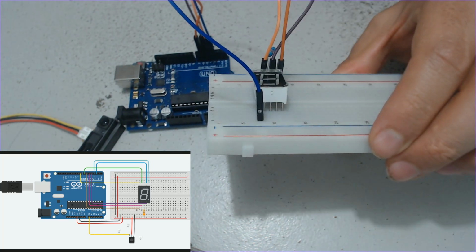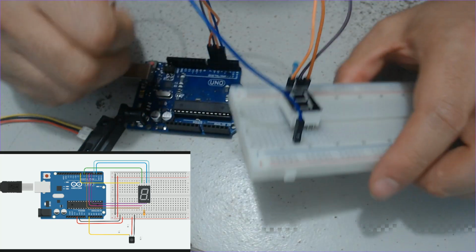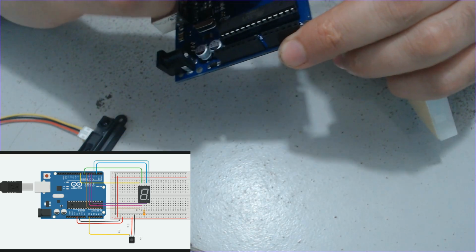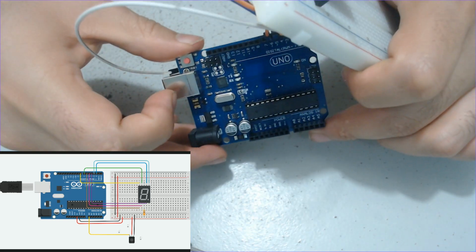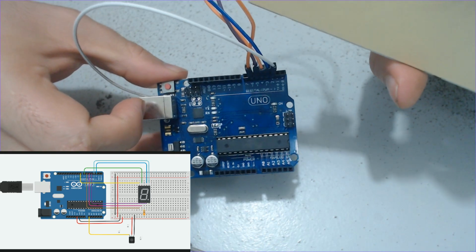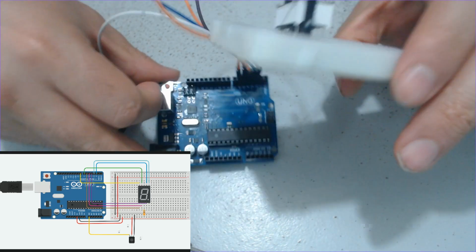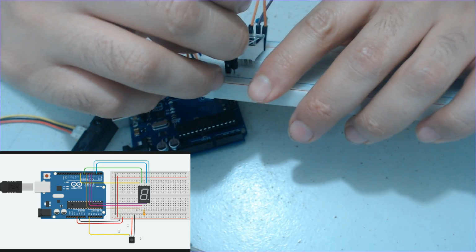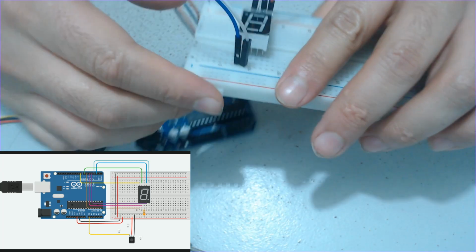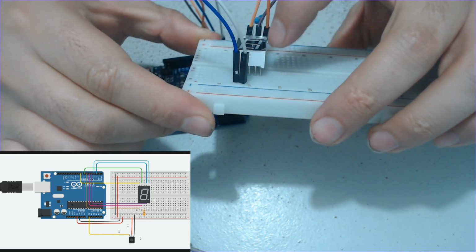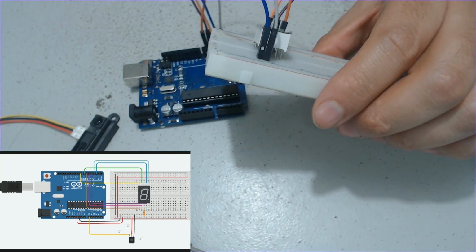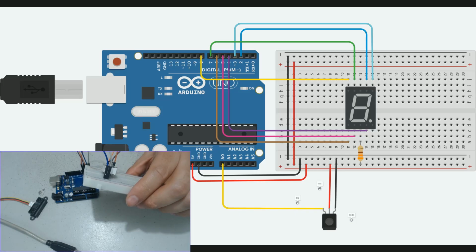And the next one goes to port number 2. Here it is, from port number 2, the white connector, port number 2, to the next one from the blue one connection, like this.